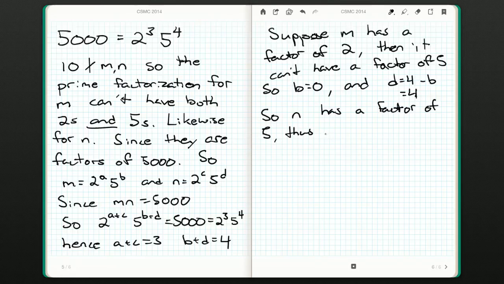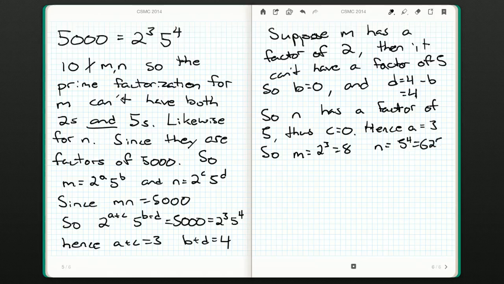And that means that it can't have a factor of 2. Okay, so then c is going to be equal to 0. And that means that a, the number of factors of 2 in m, is going to have to make up the difference. It's going to be 3. So m would be 8, and n would be 5 to the 4, which is 625.